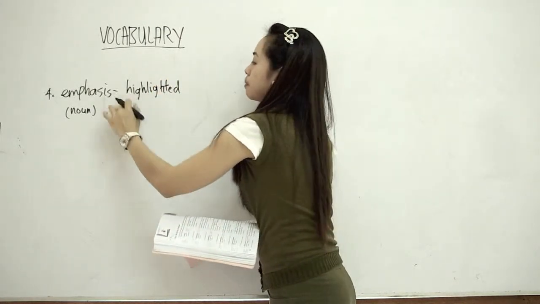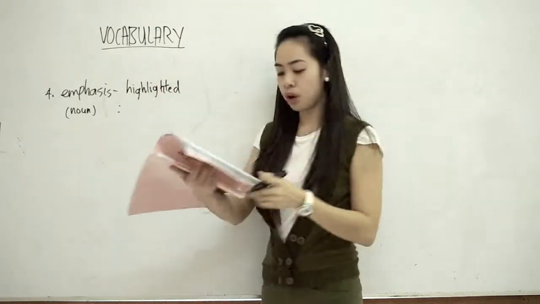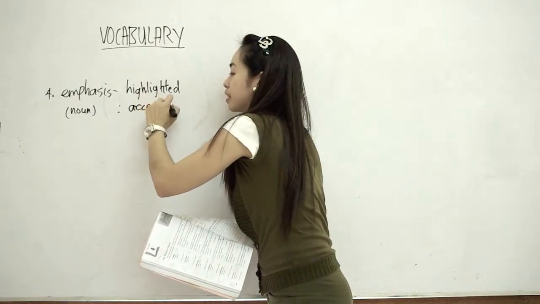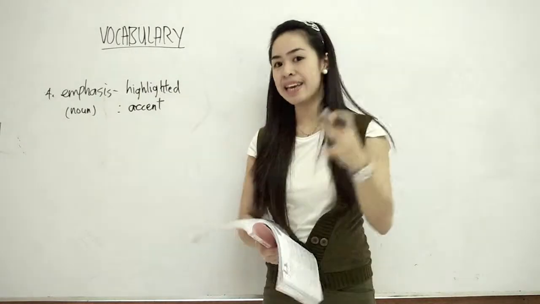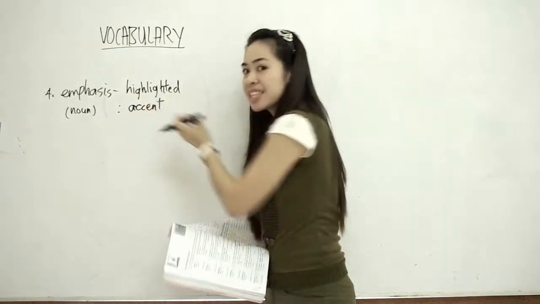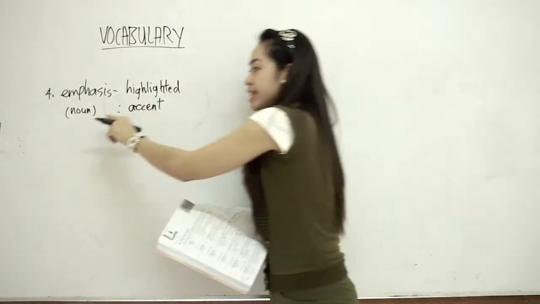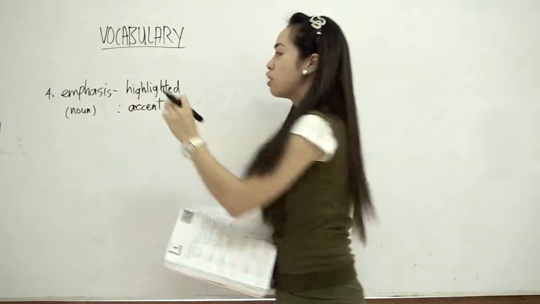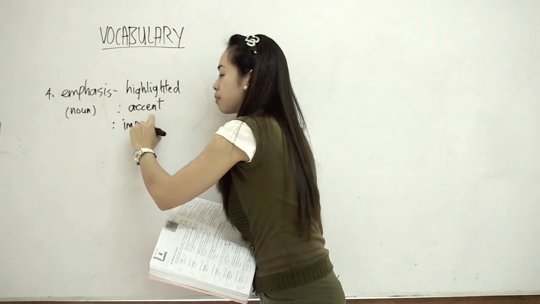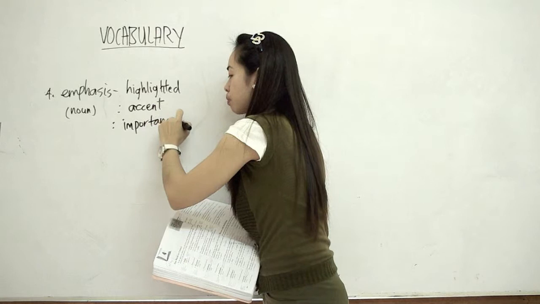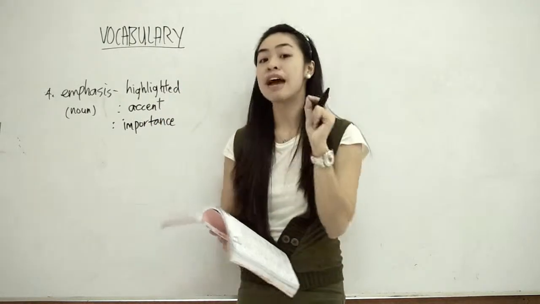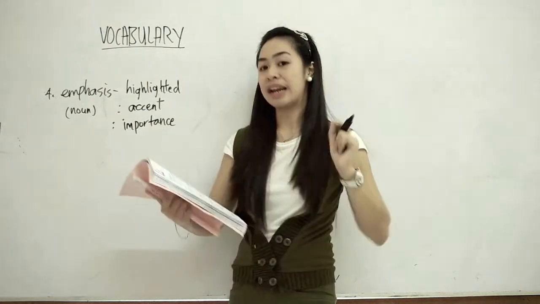Or another word, something that is having what we call an accent. Okay, so when you're speaking in terms of oral, we call that emphasis. You're giving an accent to the word. But as a noun, when we say emphasis, you're trying to highlight something. You are giving importance. Okay, the word is important. So you're putting an emphasis toward that word or a sentence.